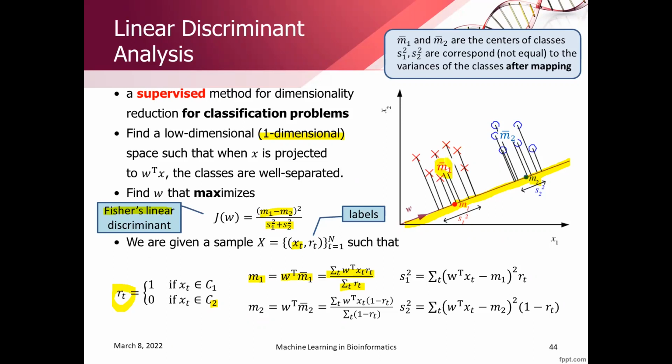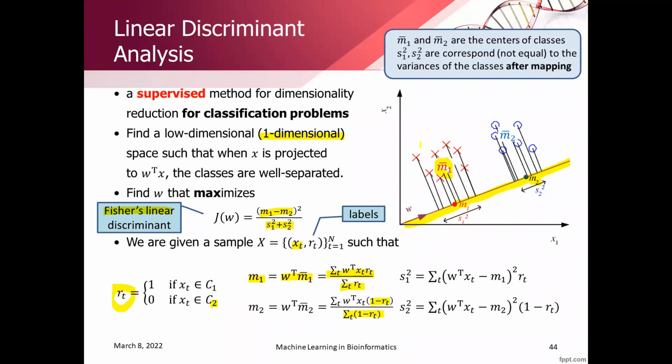For the second class the formula is quite similar, but instead of r sub t, we use 1 minus r sub t, because 1 minus r sub t will be 1 for observations from class 2, and 0 for observations from class 1. And similarly, the number of observations in class 2 is just the sum of 1 minus r sub t.